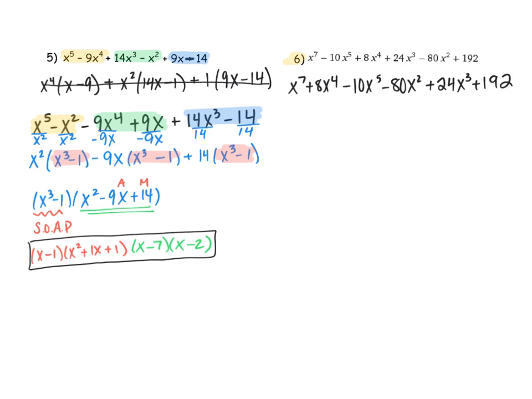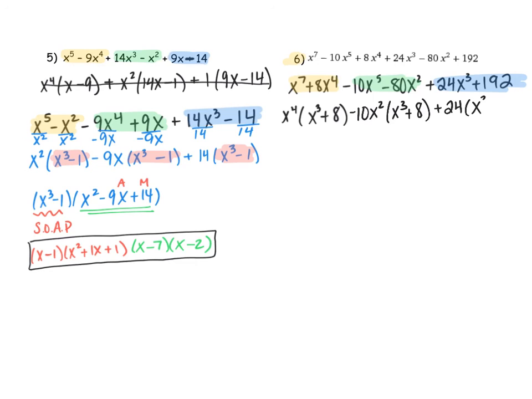All right, so the first two terms we're going to group together, then the second two terms, and then the third set. So the first two terms, my GCF is x to the fourth, and I'm left with x to the third plus 8. And in my second two terms, I have a GCF of negative 10x squared. And when I divide, I get x to the third plus 8. And my last two terms, I have a GCF of 24.